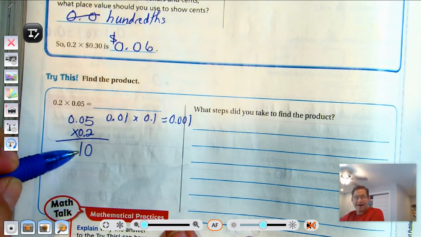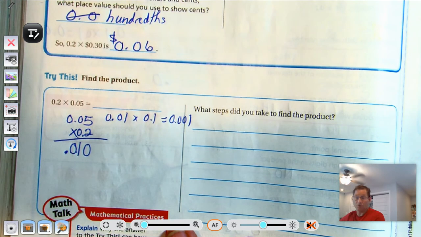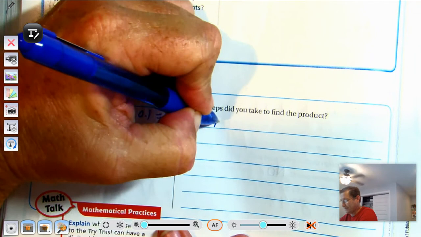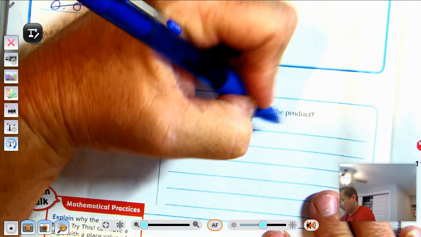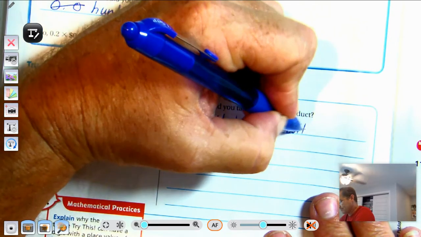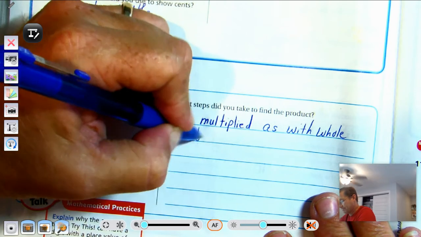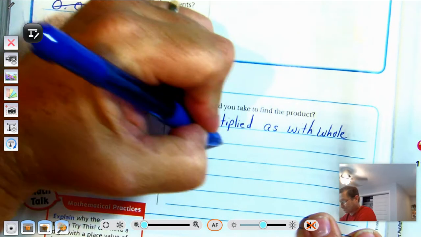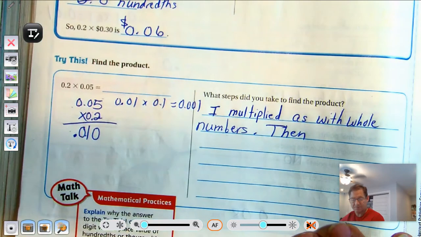Right now I only have hundredths, so I have to add a zero to the left of the whole number product, 10, and that gives us 10 thousandths. So what did we do? Well, I multiplied as with whole numbers. All right, so then we had to decide where to put the decimal point.